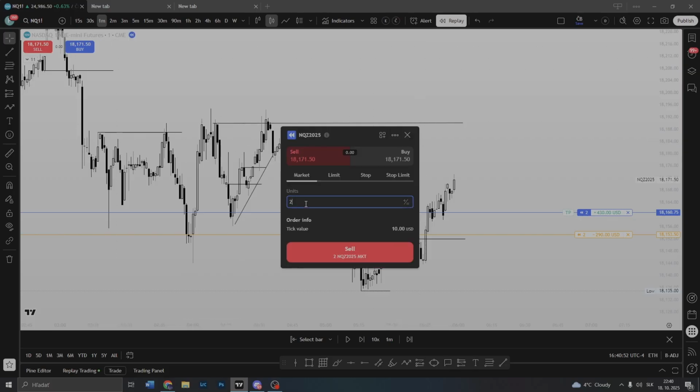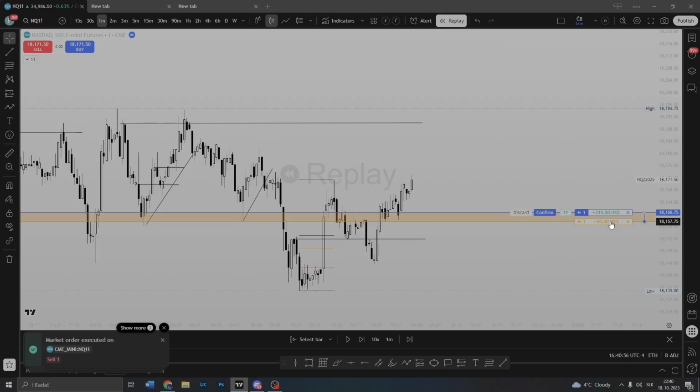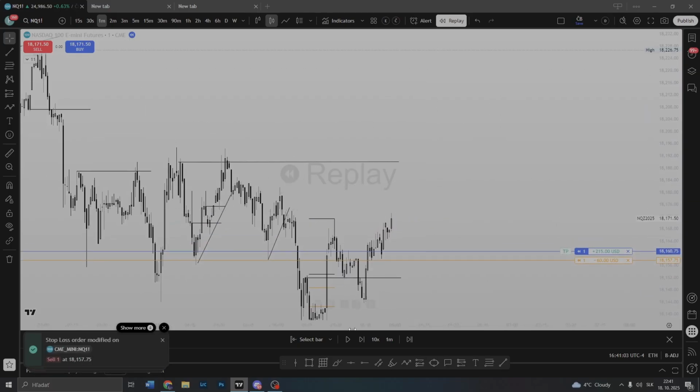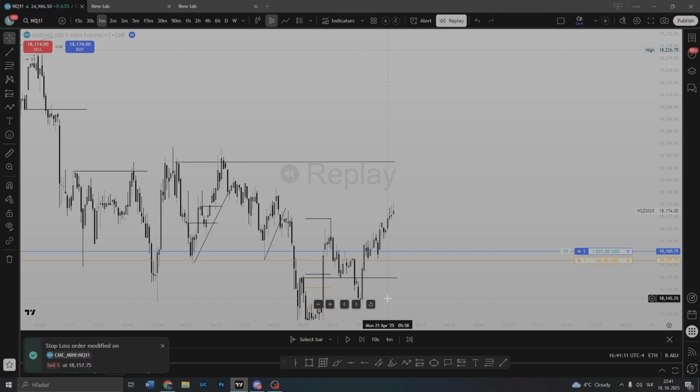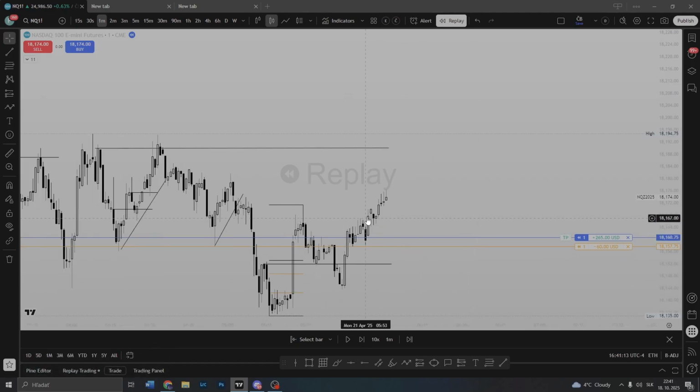So we can take one off right now, and we can put our stop loss at this 548 swing low. Again, it seems like we're reaching for something, so we'll see what's going to happen.